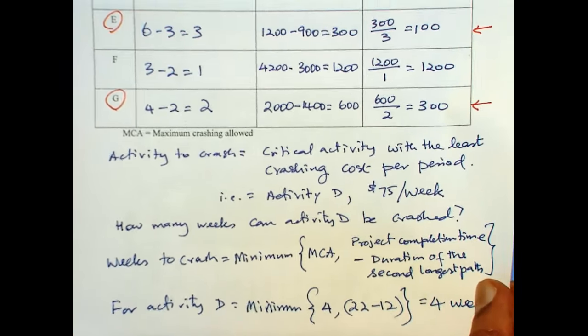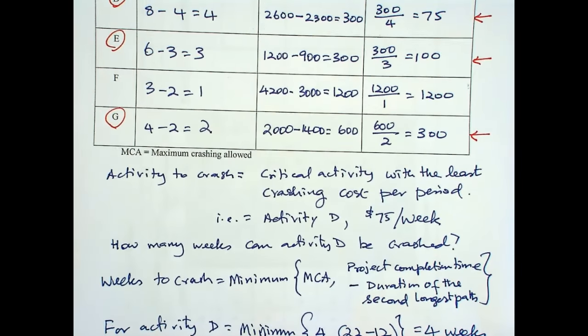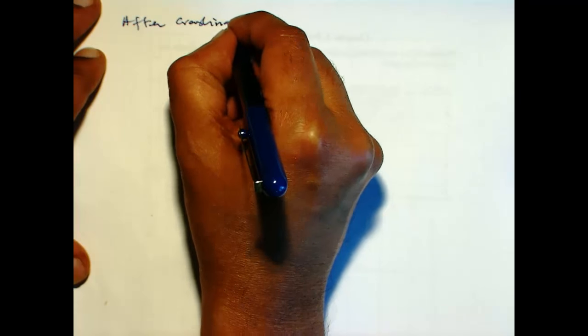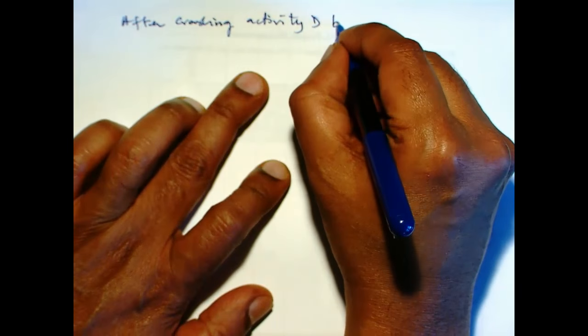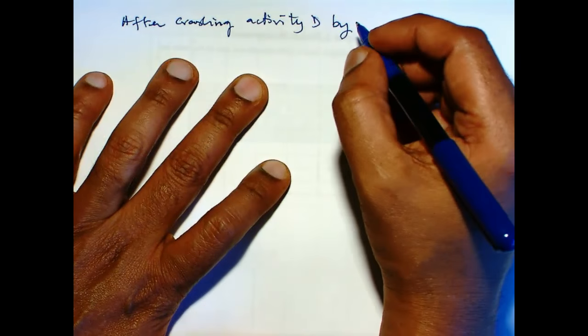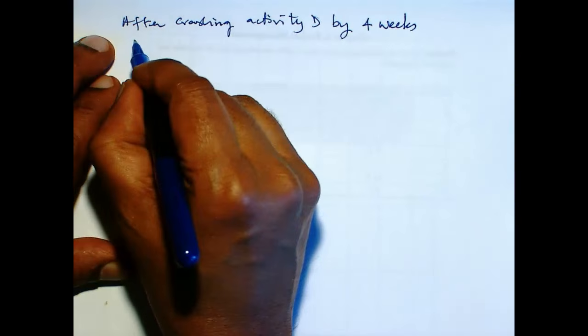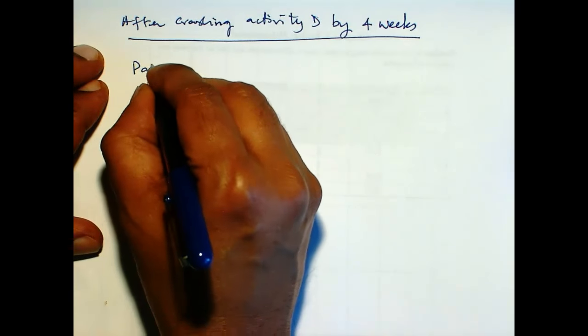We have run out of space here, so we'll turn over and work from the other side. After crashing activity D by 4 weeks, now we have to re-evaluate the path duration.